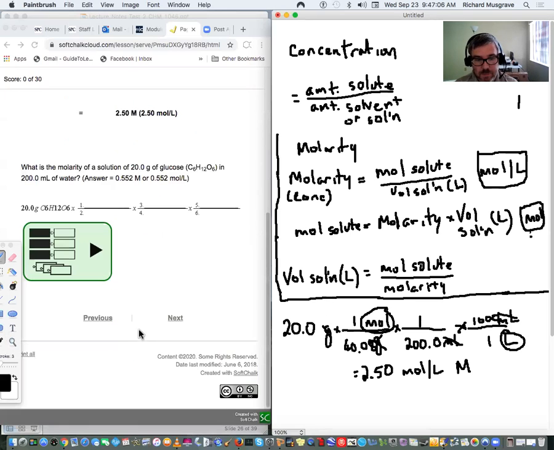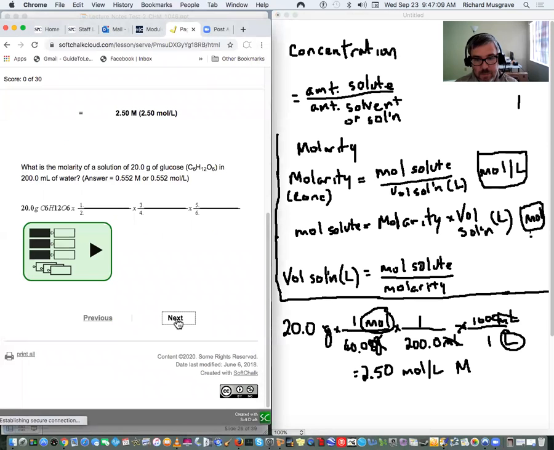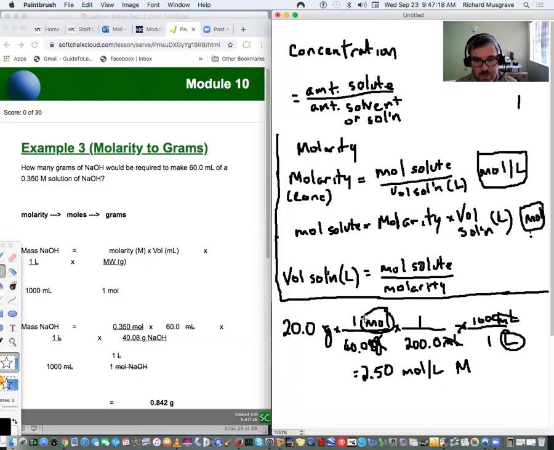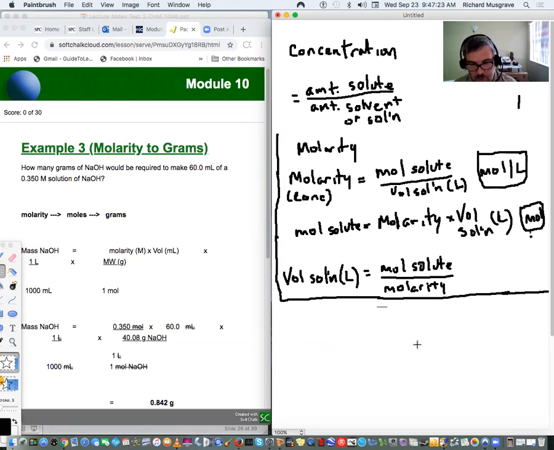All right. What if we have molarity and we're trying to get to grams? I want to leave these equations up here because I'm going to use them as I go. So this question here is how many grams of sodium hydroxide would be required to make 60.0 mils of a 0.350 molar solution of NaOH. So this is a very common thing that we have to do in the lab.